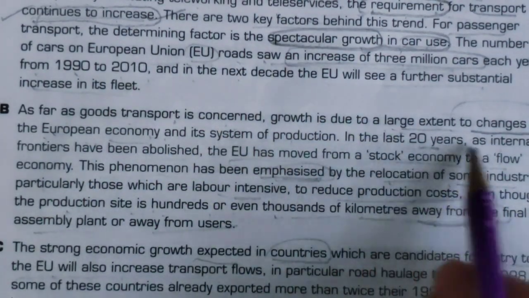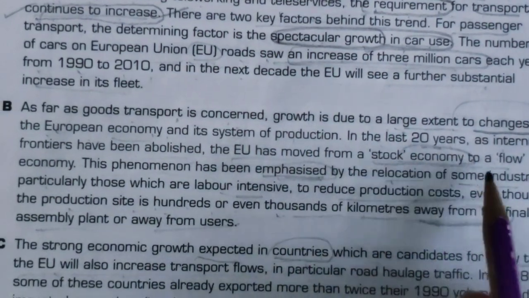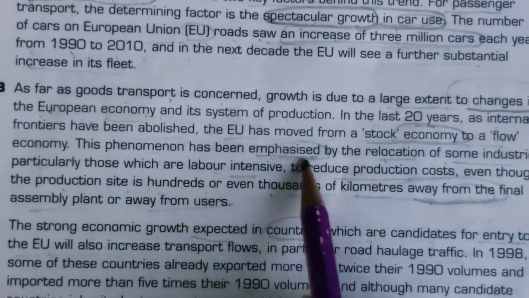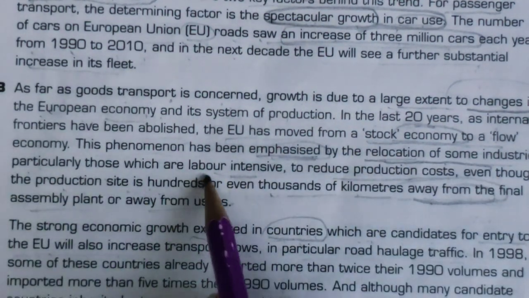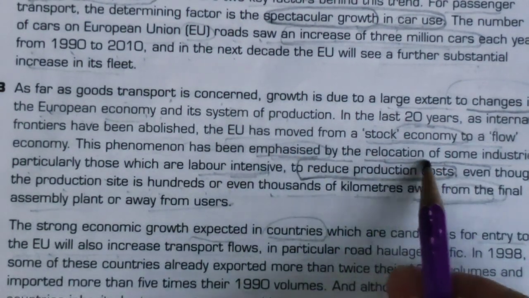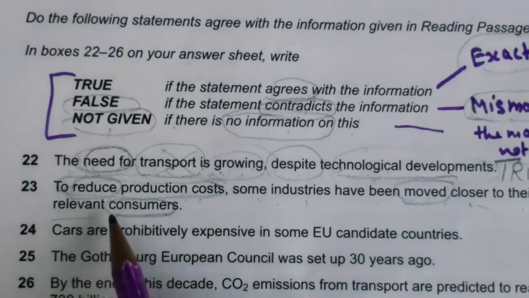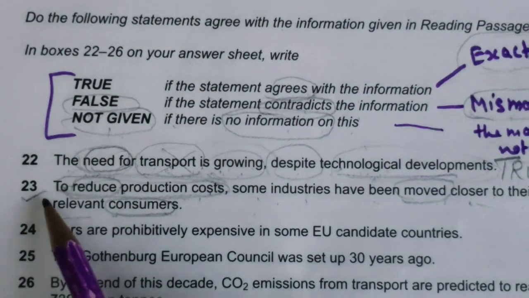In 20 years the internal frontiers has moved a stock economy to a flow economy. This phenomenon has been emphasized by relocation of some industries, particularly those which are labor intensive. Yes, we have found this phrase, to reduce production cost. Of course, as it is the same, we have found it.